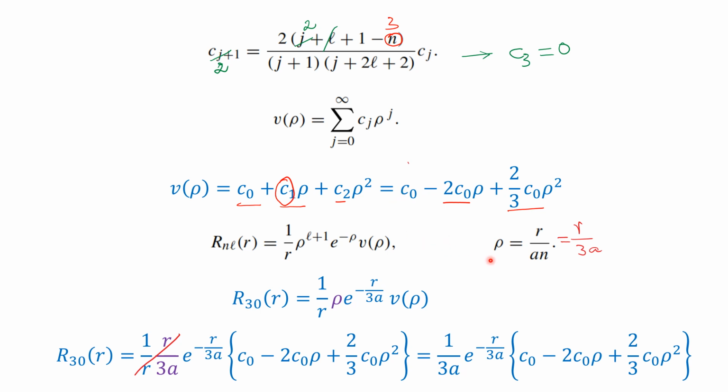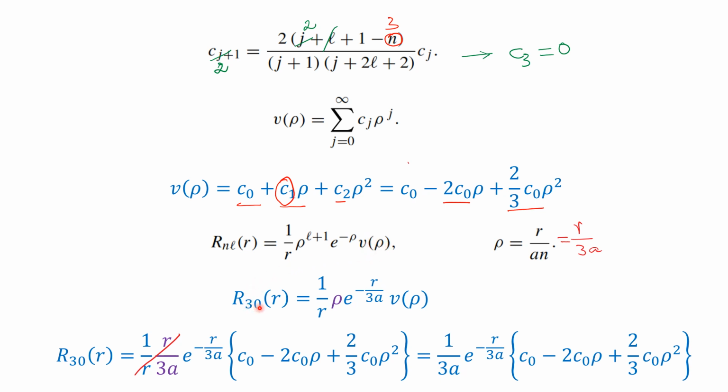Now, by definition, rho is equal to r over na. Here n is 3, so rho is equal to r over 3a. The general formula for the wave function R_nl, which is a function of r, is equal to 1 over r times rho to the power l plus 1 times e to the power minus rho times v of rho.